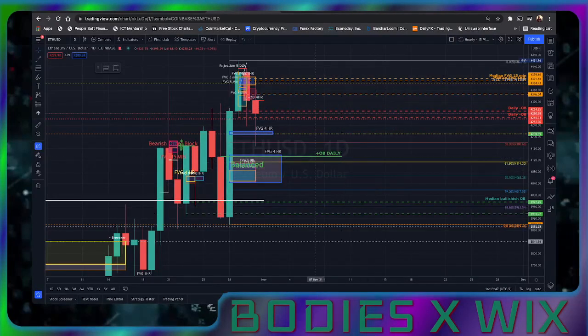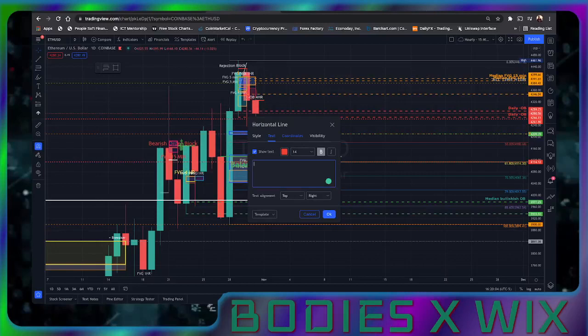Okay, so considering that the 61.8 is just below the daily, I'm actually going to put a line all the way across, right? And then I'm also going to label it daily.